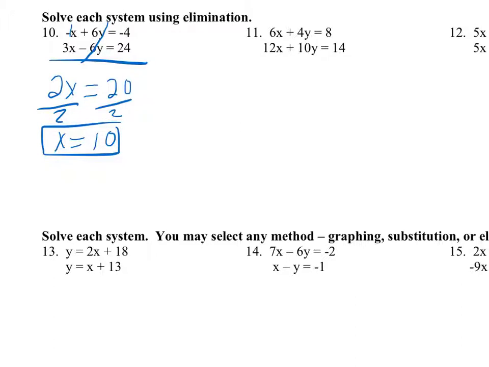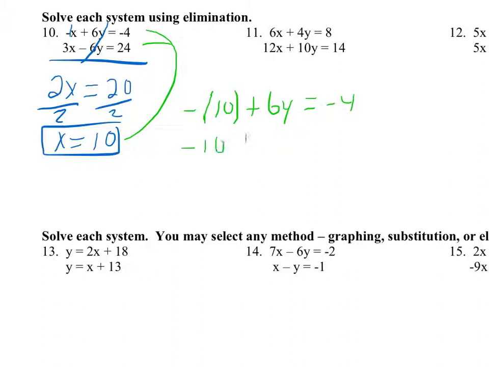Now, unlike in substitution, when we have to decide which equation we're going to plug it into, there's really not one clear-cut winner, so I'm just going to pick the top one, in which case I have a negative. I plug in my x value, which is 10, and then I go plus 6y equals -4.